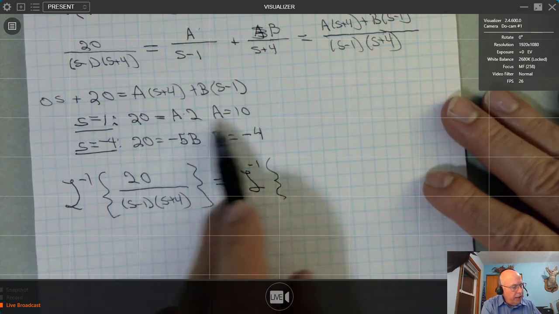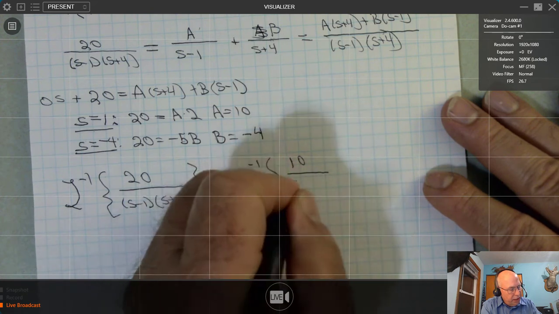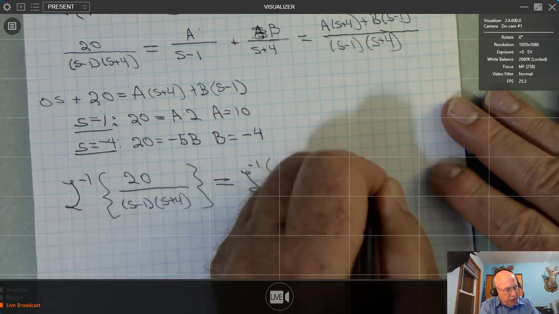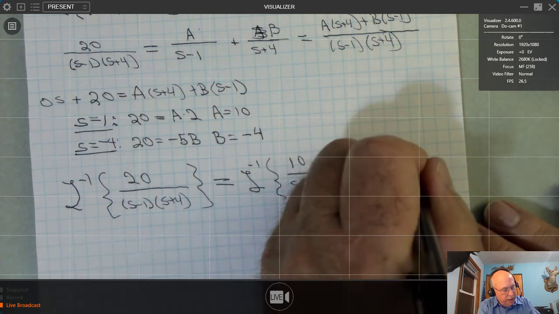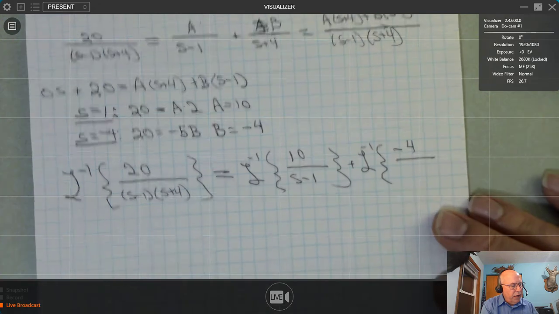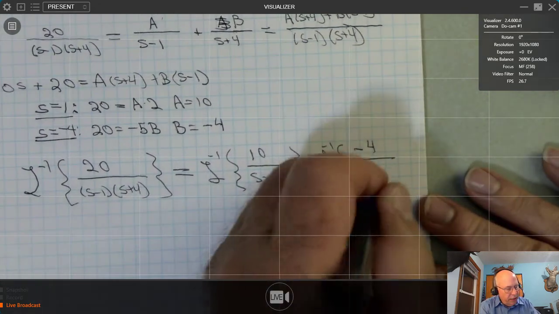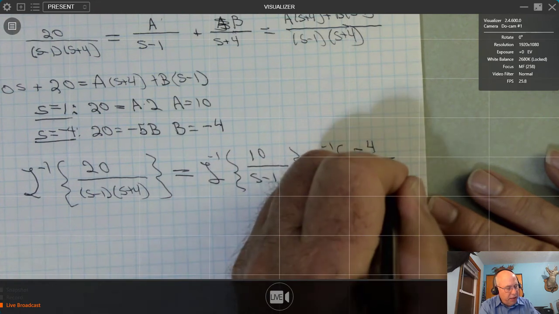A is 10, so that's 10 over s minus 1, plus the inverse transform of negative 4 over s plus 4, but in the table it's like so: s minus a, with a being minus 4.